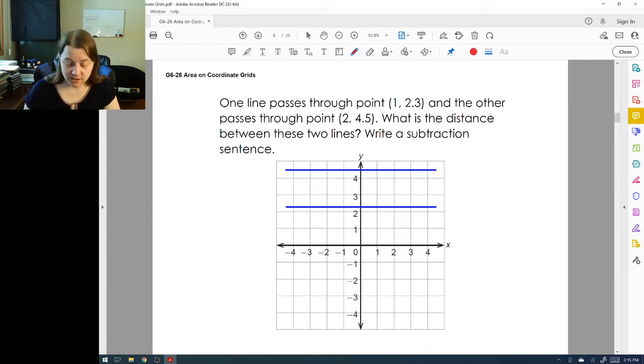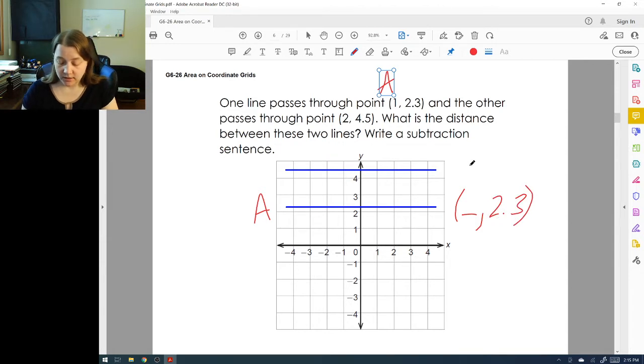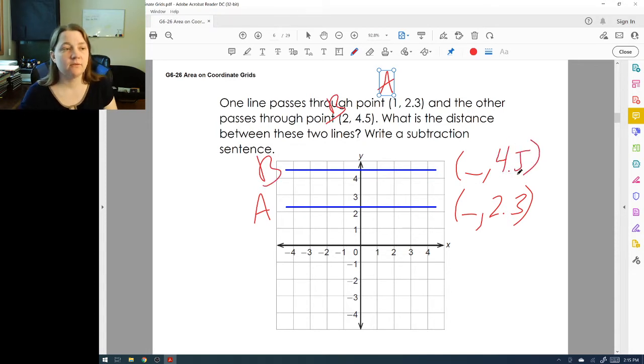So this first line, let's call this A, is going to be the line that is the 2.3 line. The other line is going to be letter B. That's going to be the one where we're jumping 4.5.